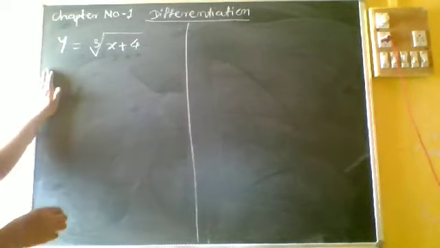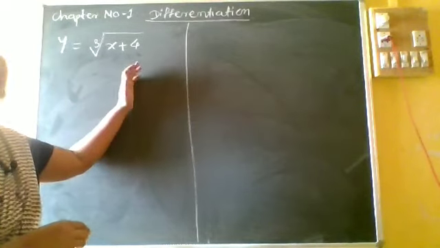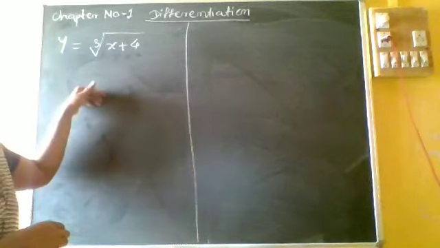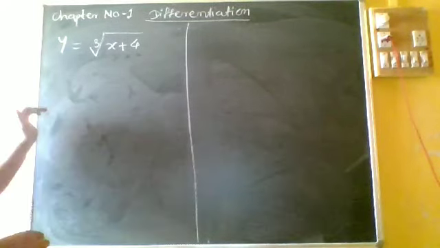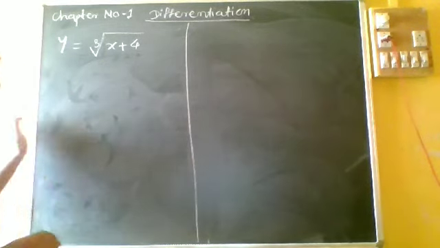This is y given in terms of x, that is y is equal to f of x. If y is equal to f of x is given, then x is equal to f inverse of y. Therefore, we find out x in terms of y.